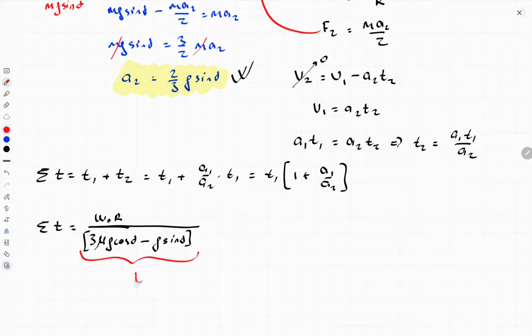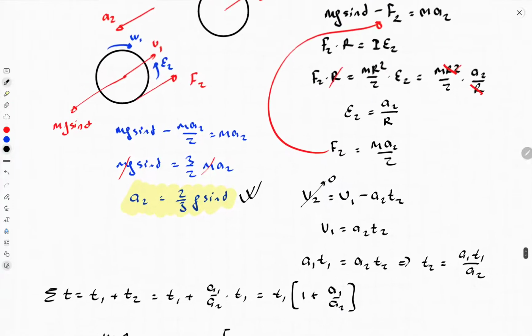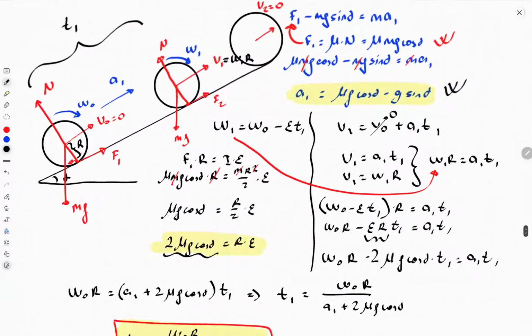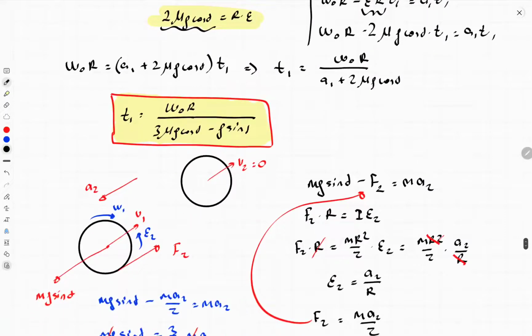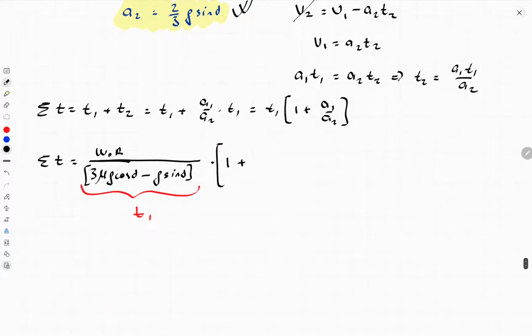This part equals t1 times, here we have 1 plus a1 over a2. What is a1? a1 equals mu g cosine alpha minus g sine alpha. This is a1. Divide by a2, 2 over 3 g sine alpha. Basically, let me take 3 here. 2 will be here.